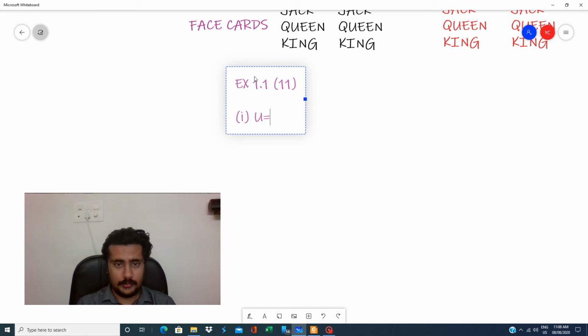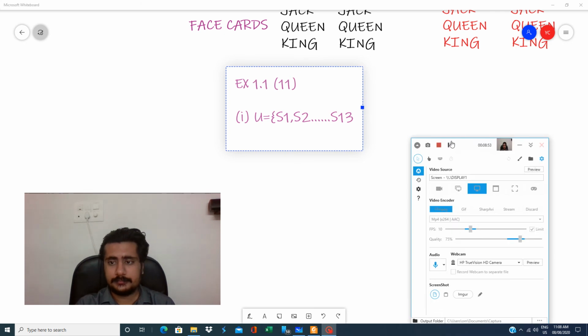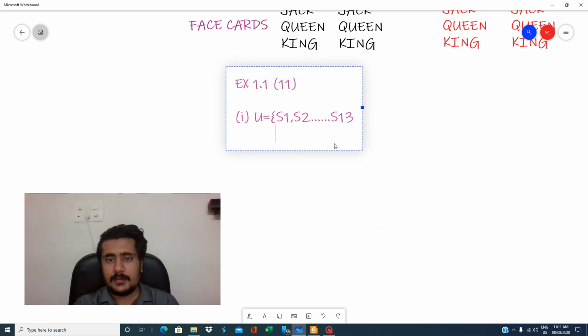Now this U is equal to: let spade 1 be S1, spade 2 be S2, dot dot dot. There are 13 cards of spade, so it is up to S13. In the same way, club 1, club 2, dot dot dot, total 13 cards of club.